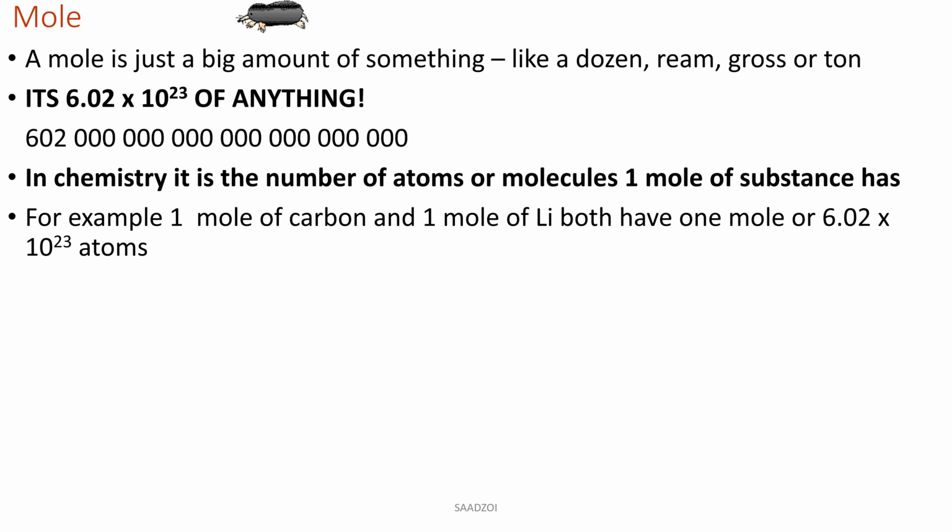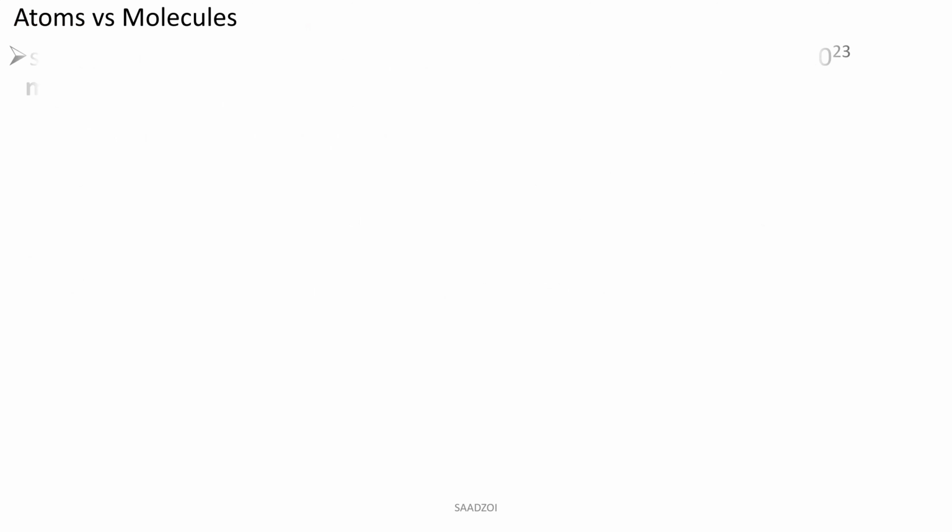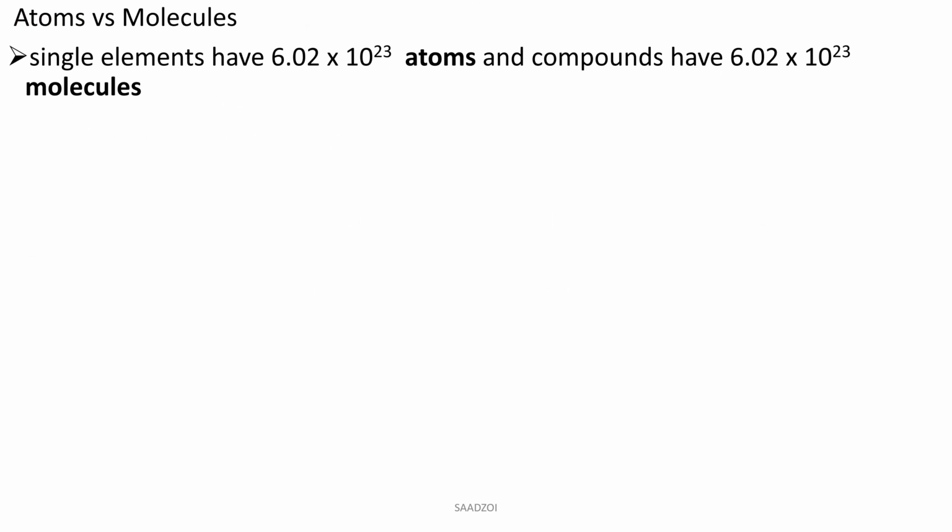So now we're designating the difference between an atom and a molecule: an atom has a single element and a compound has two or more elements inside of it. So for example, 1 mole of CO2 and 1 mole of NO2 has 6.02 times 10 to the 23rd molecules. So notice the same number, the only difference is the units. Single elements have that many atoms and compounds have that many molecules, same exact value.